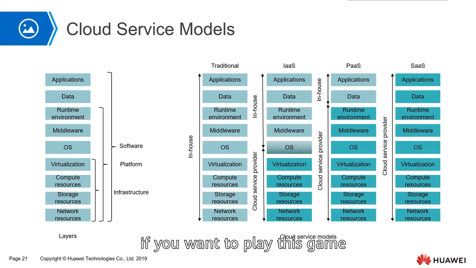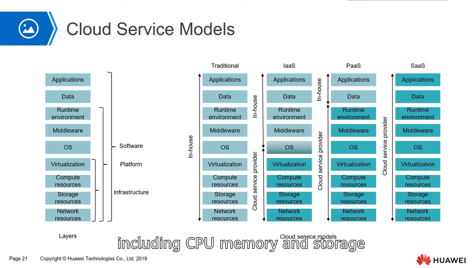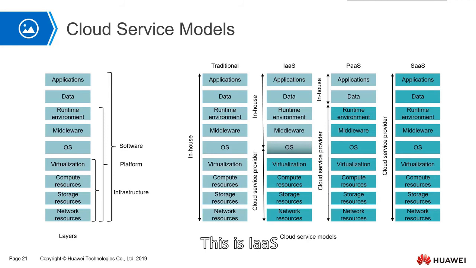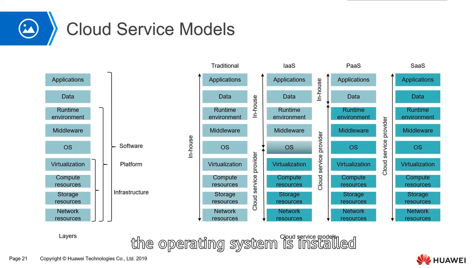Nowadays, if you want to play this game, you only purchase the computer from the cloud, including CPU, memory, and storage. This is IaaS. If the cloud computing service provider has already installed the operating system on the computer, and .NET Framework is also installed, this is PaaS. Finally, if the game is also installed, then this is called SaaS.